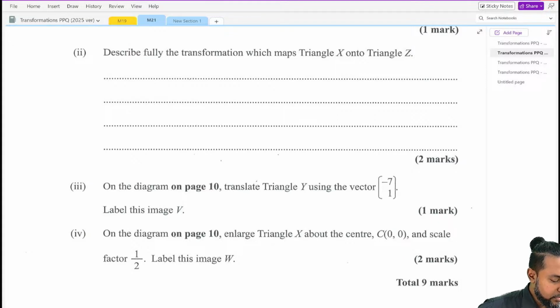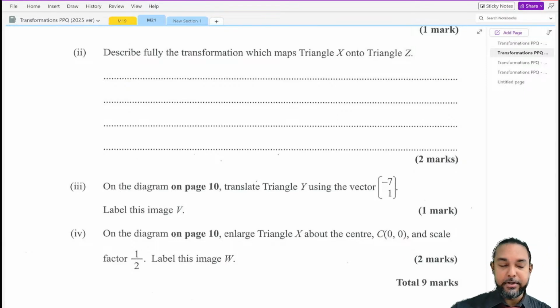Okay, it didn't work. I thought I had a hack that could have worked to find the center of rotation, but I don't understand why. Isn't this isosceles? That to that, right?